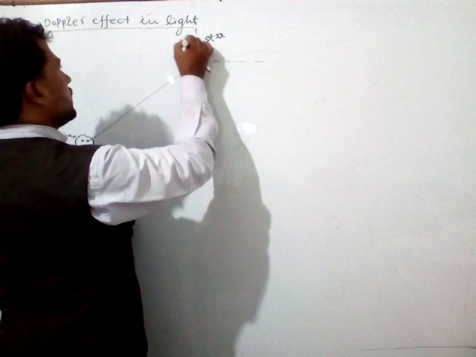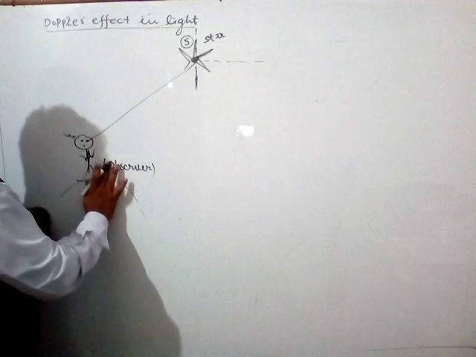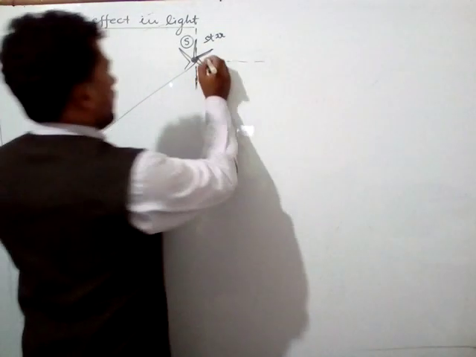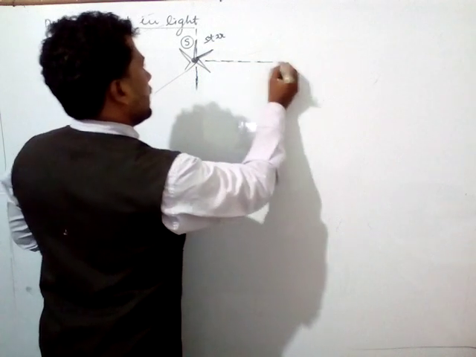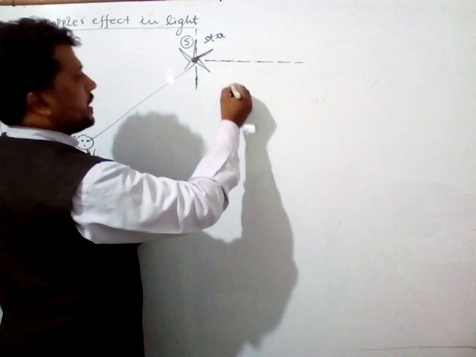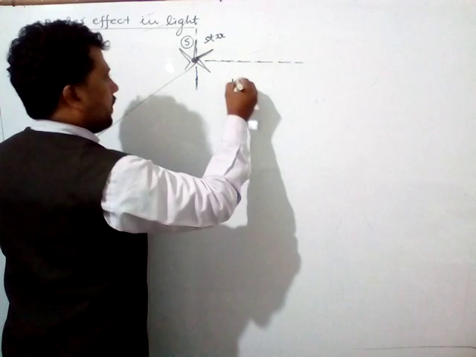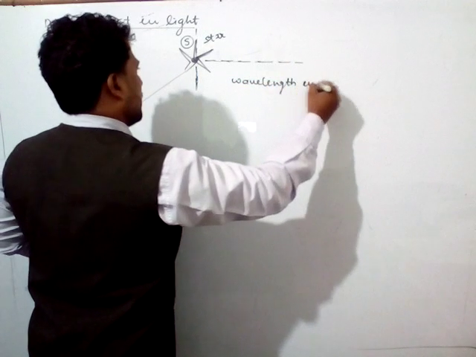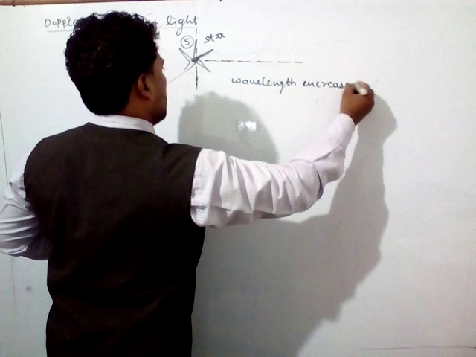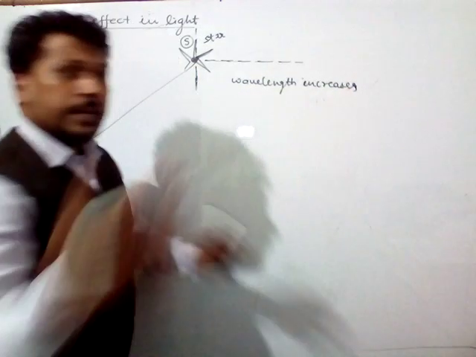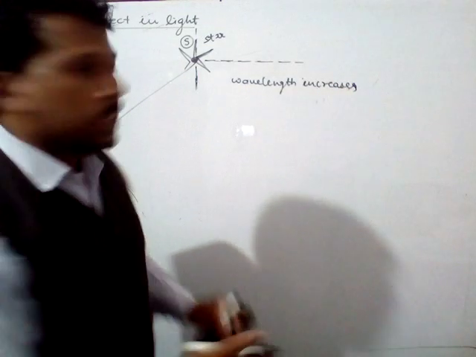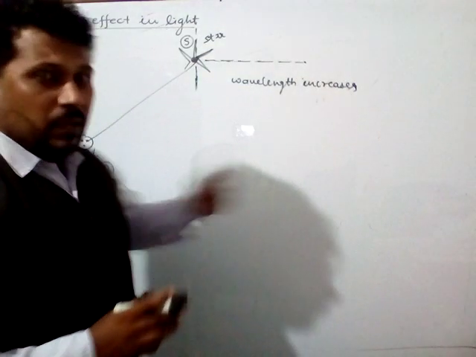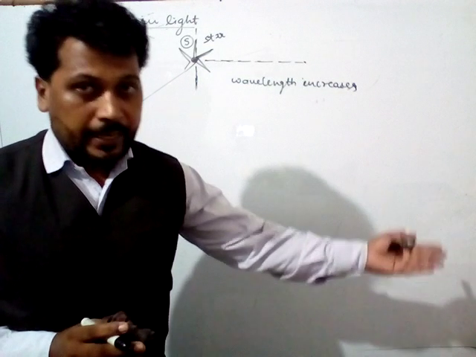This is source S and this is observer O. When the wavelength increases, or an increment in the wavelength is formed, you know that the wavelength is greater for the red color.